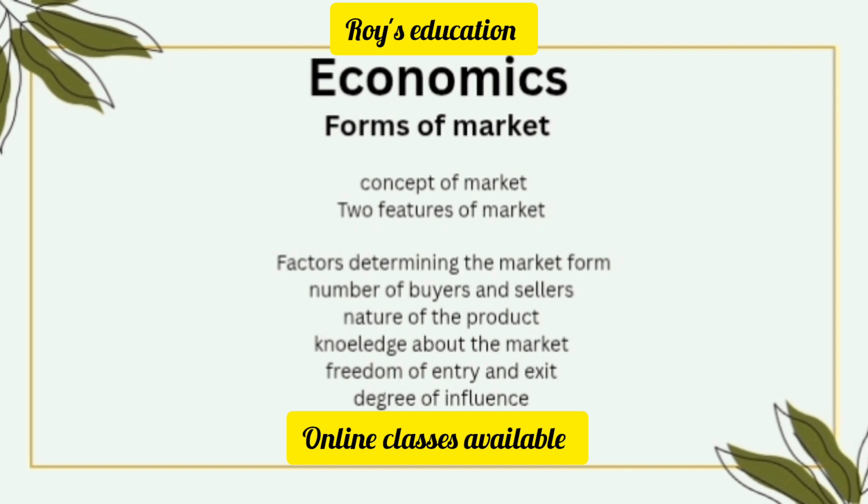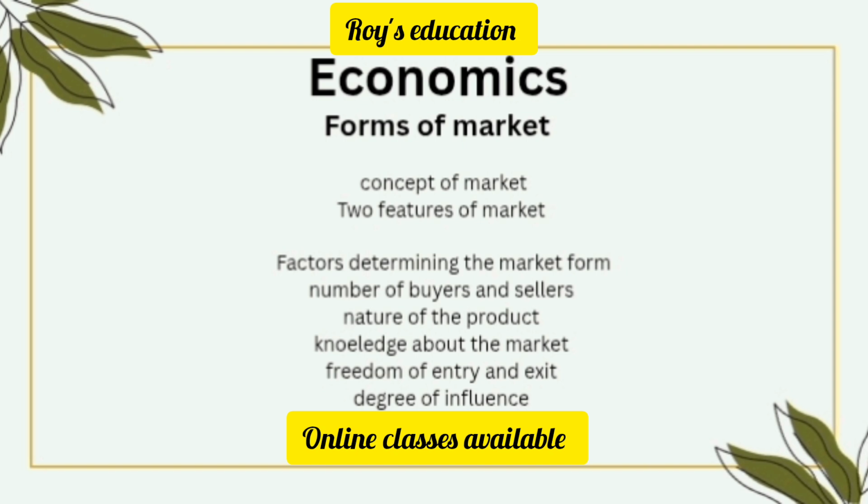On the other hand, if the number of the sellers in the market is large, the power of the sellers to influence the market would be less because its share in the total supply is less. So, on the basis of the number of the sellers, we distinguish between a monopoly where there is only one seller, perfect competition where there are a large number of buyers and sellers, and oligopoly market where there are few sellers.